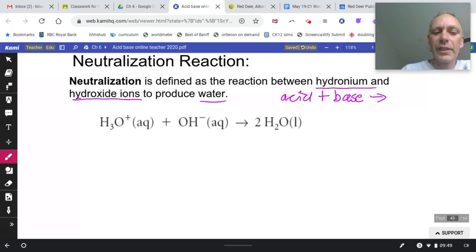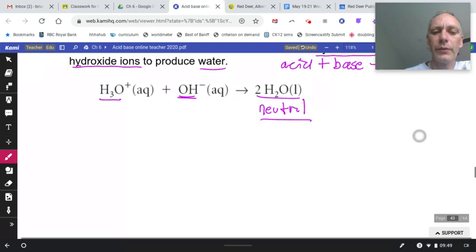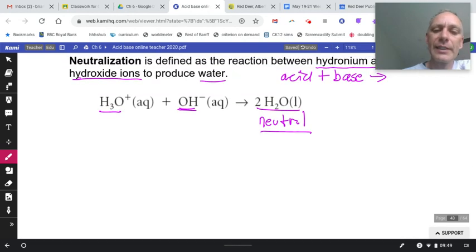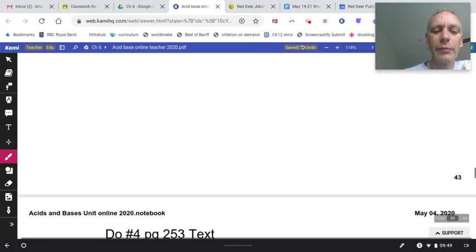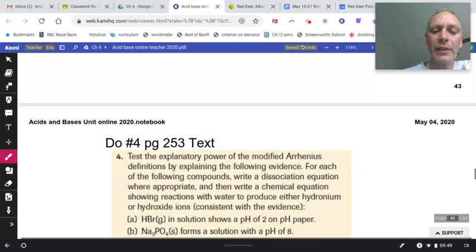So more sophisticated is looking at the acidic part, the hydronium, and the basic part, the hydroxide, to get water. And that's why it's called neutralization, because hydronium and hydroxide produce neutral water molecules. Okay, so that's sort of a standard definition of an acid-base neutralization reaction when we're taking the active, acidic, and basic parts.